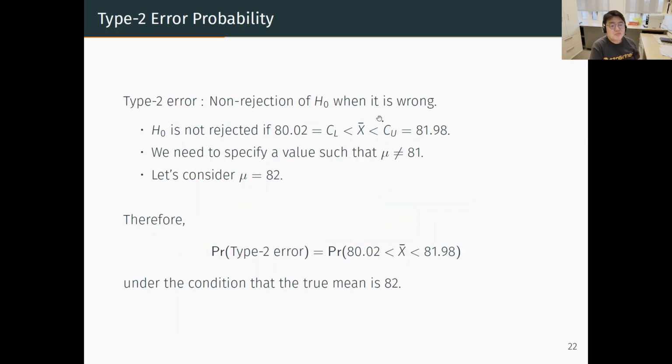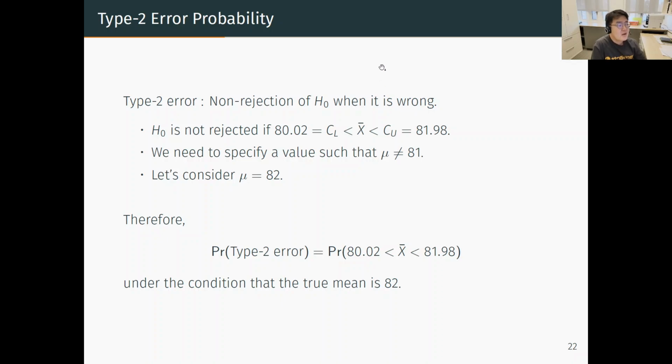But type 2 error probability is actually more involved. Type 2 error happens when you do not reject the null hypothesis, even though it is wrong. If the null hypothesis is wrong, you have to reject it. But if you fail to do that, that is type 2 error.